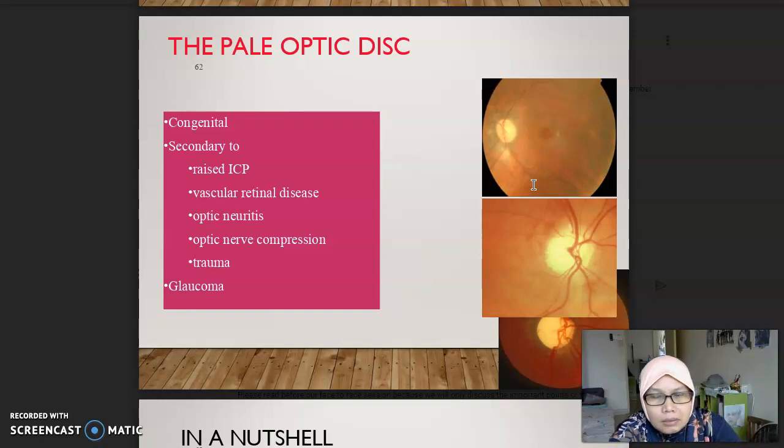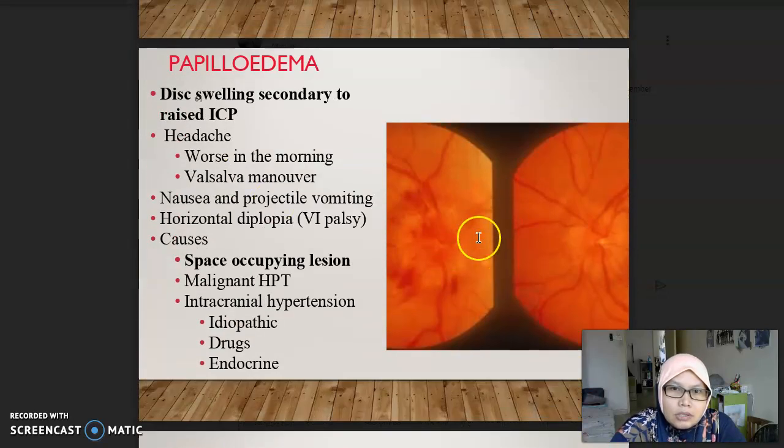It can be due to congenital causes. You were born with a pale optic disc, so definitely your vision will be poor, or you can be blind. It also can be secondary, and secondary causes are a lot. Secondary to chronic raised ICP.